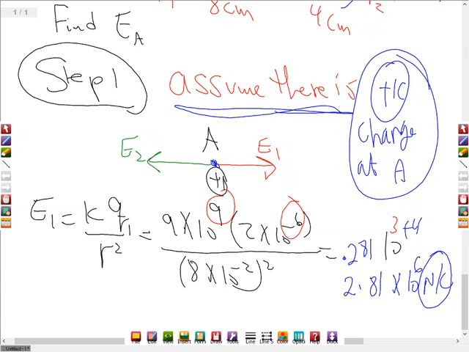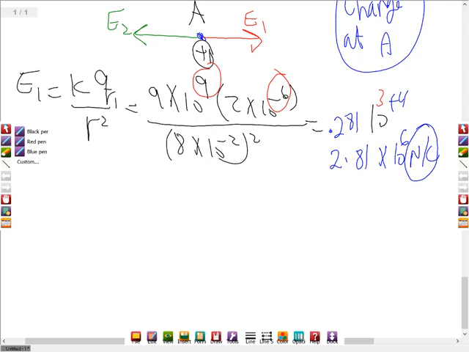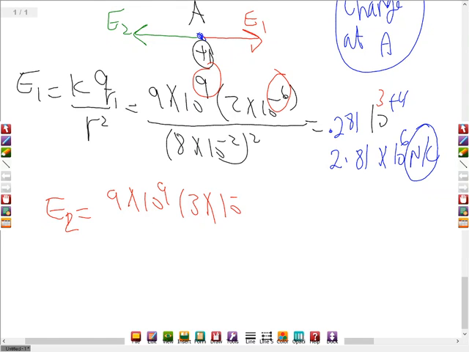E2 equals 9 times 10 to the 9, times 3 times 10 to the negative 6, over 4 times 10 to the negative 2, squared.